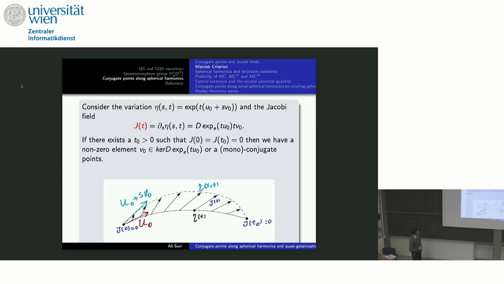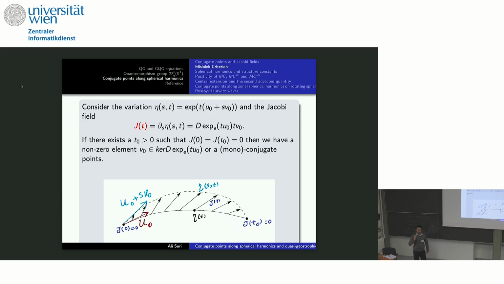So if we change S, then we have a two-parameter family of geodesics, eta of S and T, and we differentiate with respect to S at 0, and we call it J of T. This is a field along the geodesic eta. So J of T is defined by this expression. So obviously J of 0 is 0.